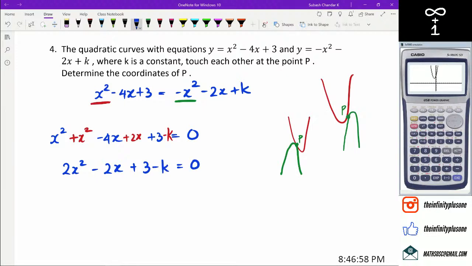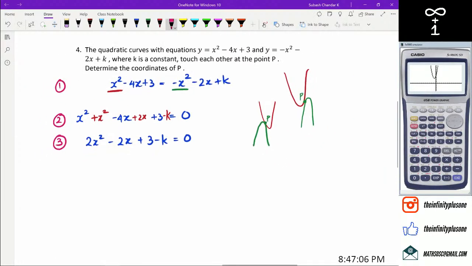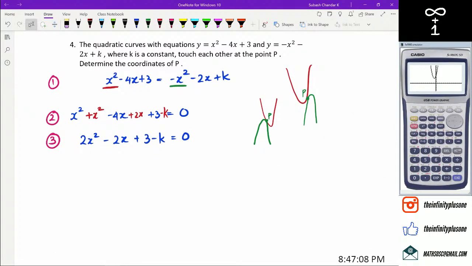I'm also going to start putting some line numbers here. If you don't understand how I got a line, just yell out which line, and I'm happy to explain it, or somebody in chat could mention it as well. Once I do this, my next step is to go ax squared plus bx plus c equals 0.